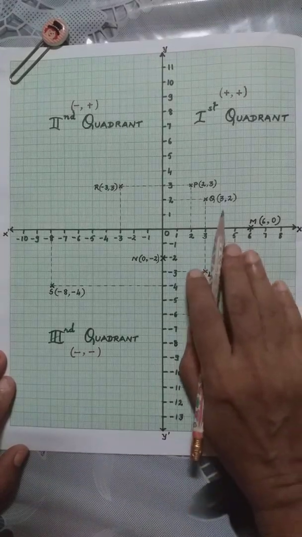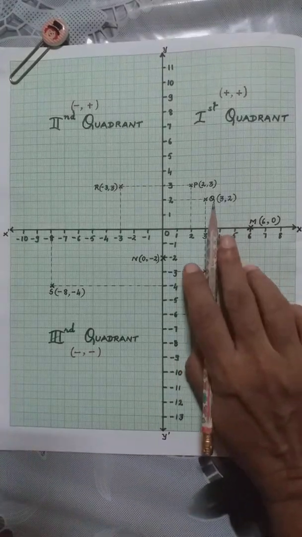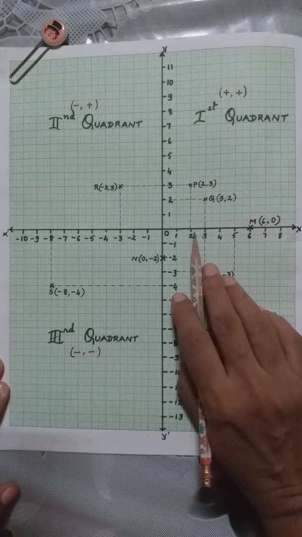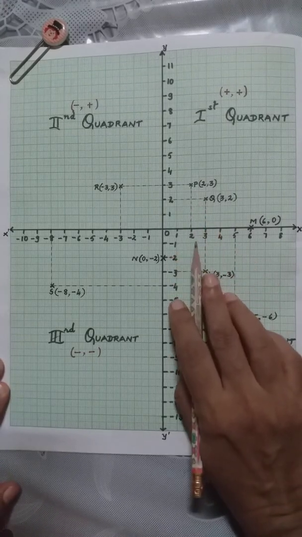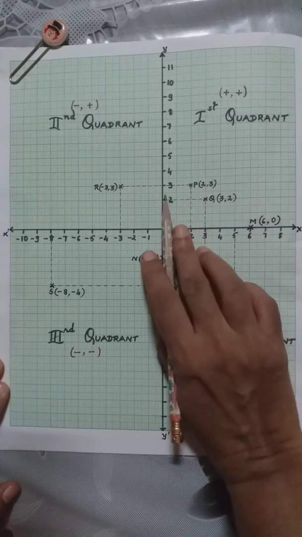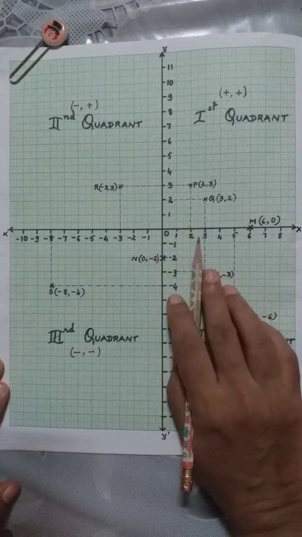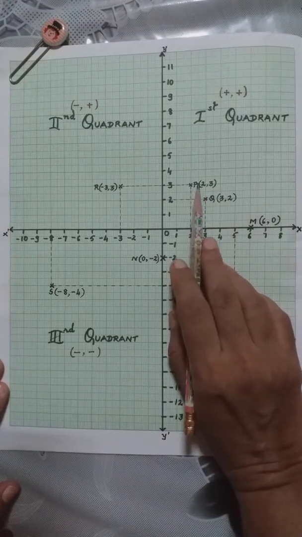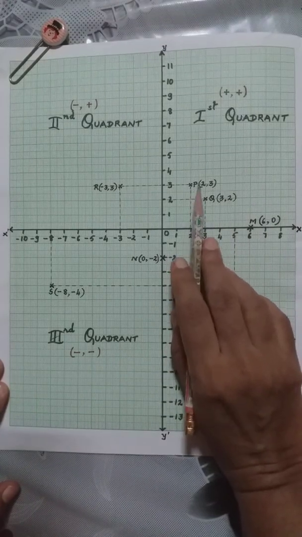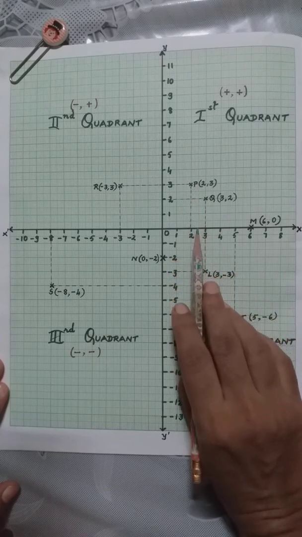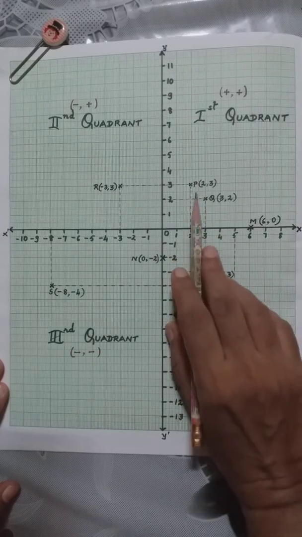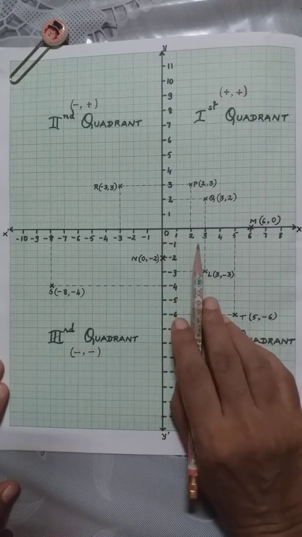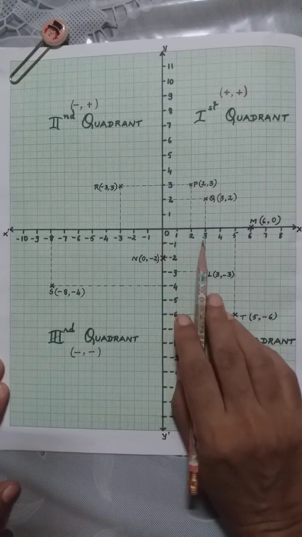Now, when we have to fix the position of a point in a plane, it is fixed by always taking first the x coordinate and then the y coordinate. Now, consider this point P. If I draw a vertical line from P perpendicular to the x-axis, it meets the x-axis at 2.